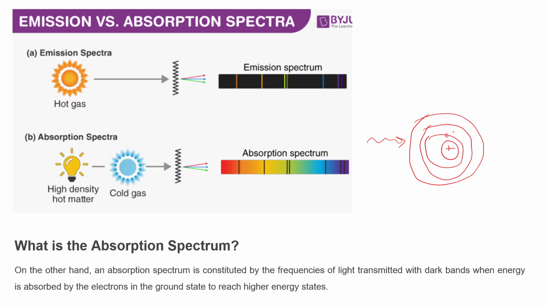This is the lowest energy level, this is higher, and this is even higher. As we go towards outer shells, the energy of the electrons in that shell is also increasing. So when this energy is absorbed by an inner shell electron, it goes to a higher energy level. When it does that, the light gets absorbed, and we will not see anything here.